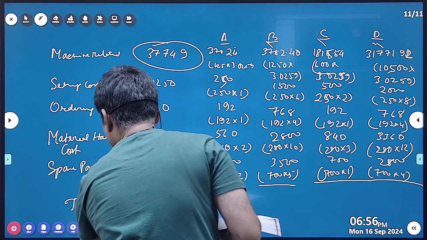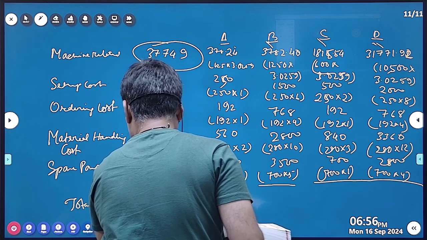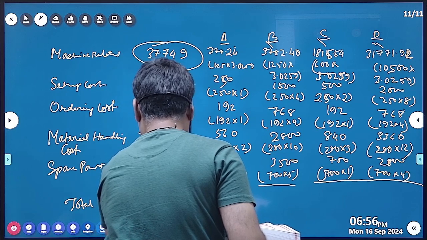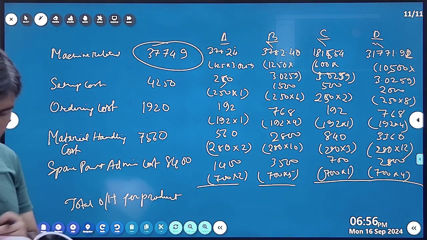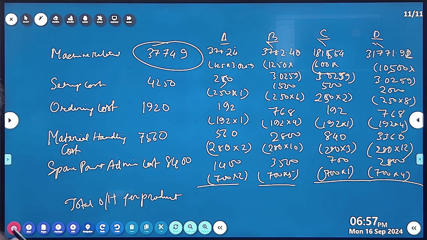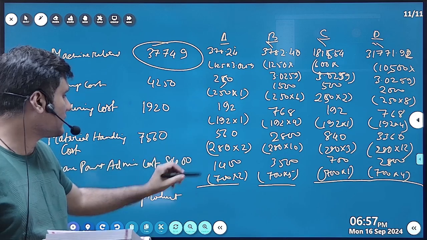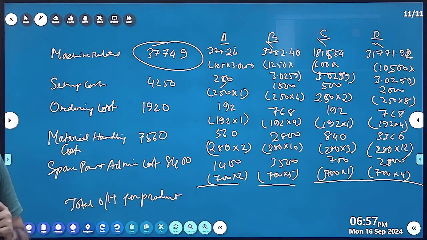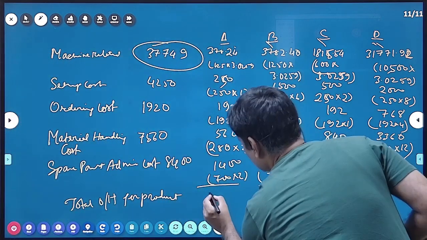Total overhead cost per product. Per product, how much? You please total it. $378.24, $250, $192, $560, $1400. 2780.24.